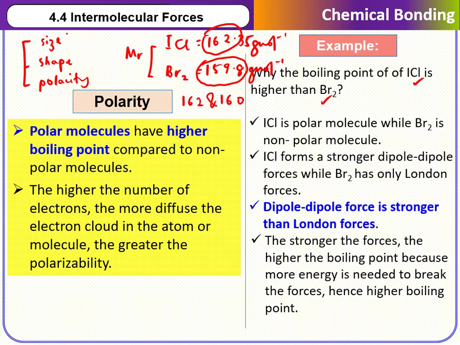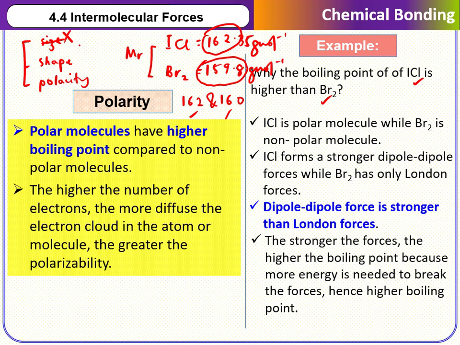Therefore, we cannot discuss in terms of size. Because if you want to compare in terms of size, make sure the molar mass has a significant difference. The molar mass difference must be high, then only it is easy for you to explain.